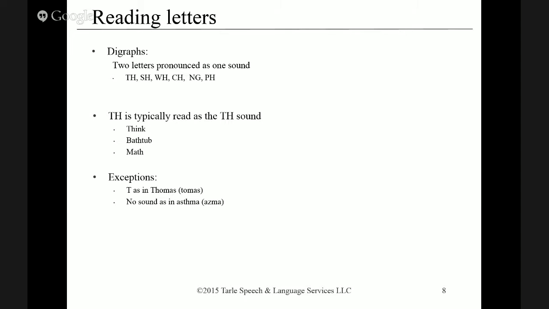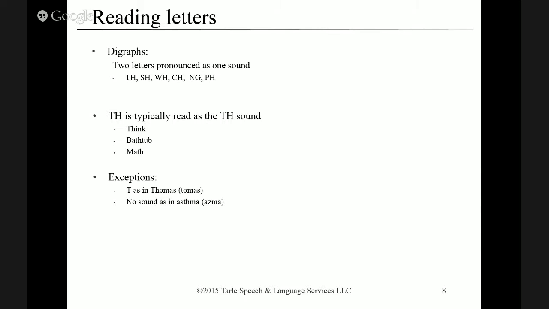In English, we say "Thomas," with a T sound, and we don't say it with a TH, even though the name is spelled with a TH. Many clients from different countries pronounce this with a TH, which is similar to how you pronounce it in your language. But in English, we would say "Tomas" or "Tom."